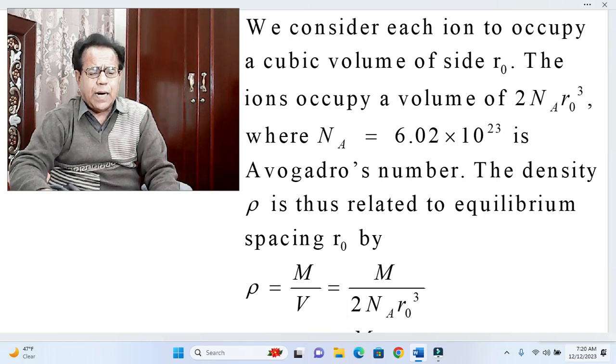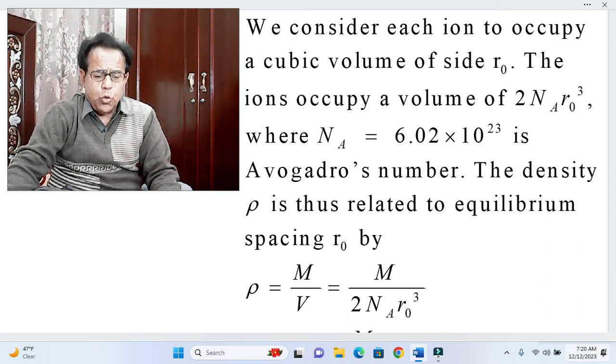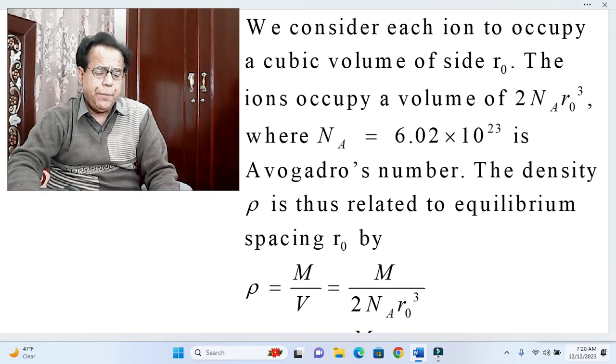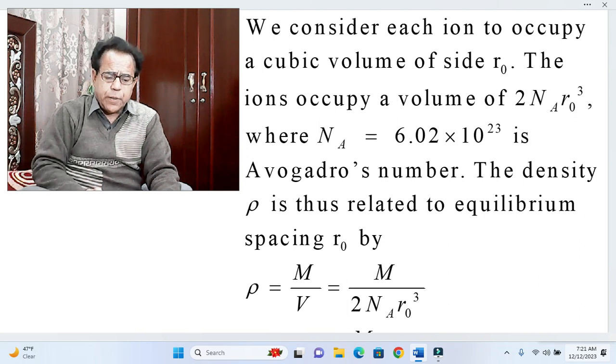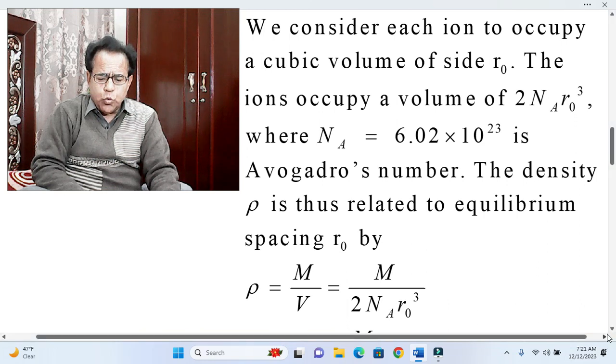Above we said R naught is a cube volume of side R naught, and here we say it is the equilibrium separation. Both are equivalent terms.